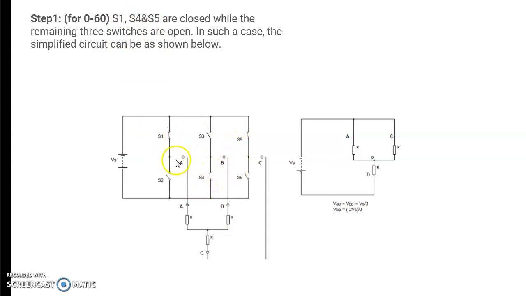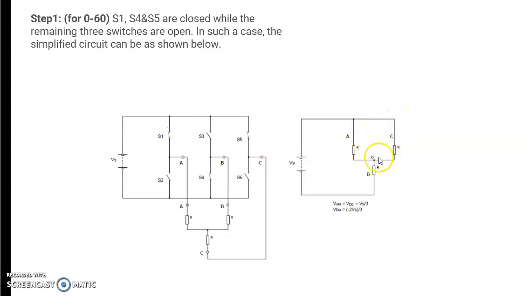Then you can draw the corresponding equivalent diagram like this. S1 is the A point, S4 is the lower part of the B leg, then S5 is C. You can draw the equivalent diagram.